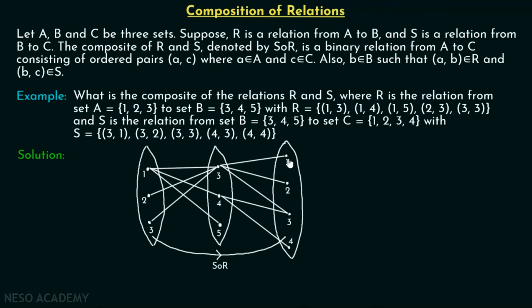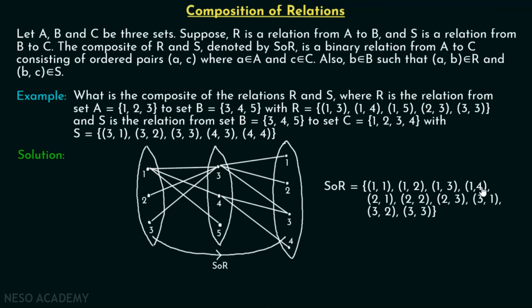Obviously we can reach this one from 1 through 3. So obviously (1,1) must be included in SOR. Similarly, (1,2) must also be included. Then (1,3) must be included. Similarly, we must include (1,4) as well. In this case, we are reaching 4 from 1 through 4, not 3, but this must also be included. So (1,1), (1,2), (1,3), (1,4) must be included in SOR.